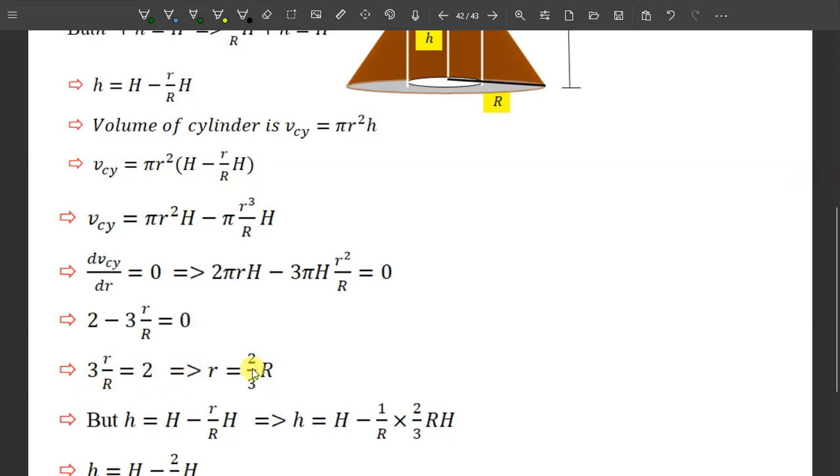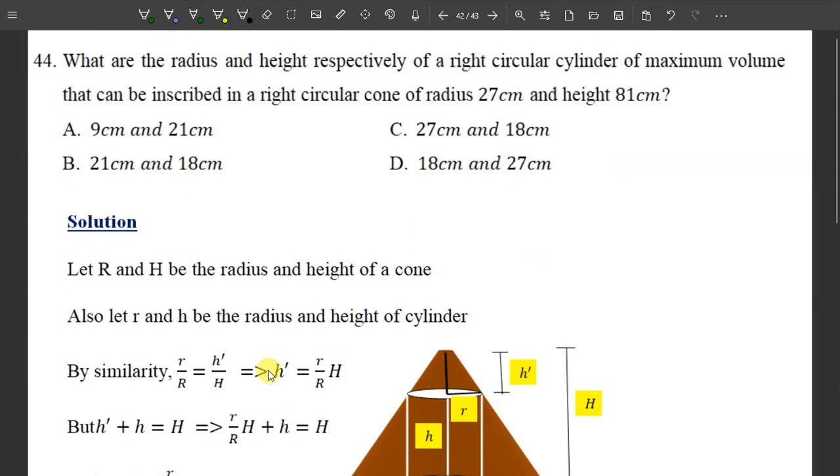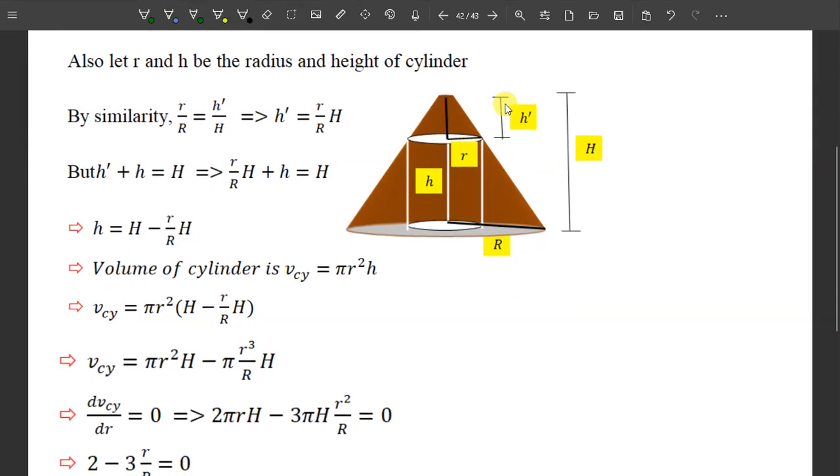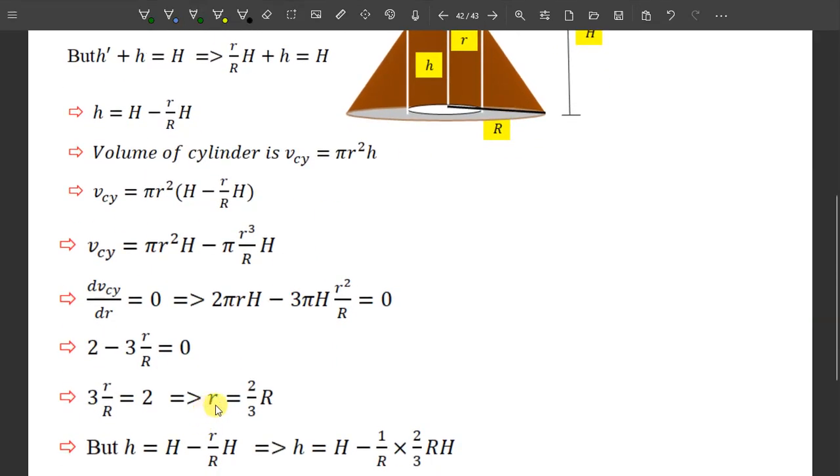Multiply both sides by capital R over 3, and it becomes small r equal to 2 over 3 times capital R. We know that capital R stands for the radius of the cone, and the radius of the cone is given as 27 centimeters. So to find the radius of the cylinder, just replace capital R by 27, and when 27 is divided by 3, it is 9. 9 times 2 is 18 centimeters.